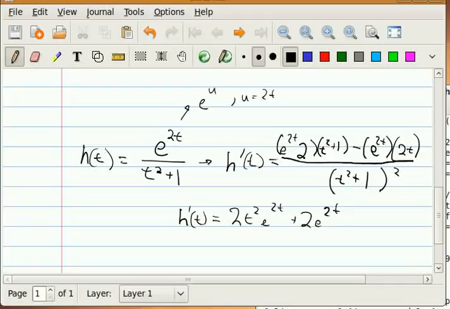I just took the 2 e to the 2t, multiplied it by t squared, and then took 2 e to the 2t times 1, to get this. And now I need to subtract this product, so that's going to be minus 2t e to the 2t, all over t squared plus 1 squared.